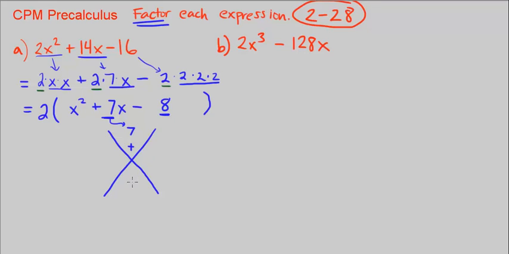And it's actually going to be negative 8 because that's a minus, so I can even make this a plus minus there. So I want two terms that add to 7 and multiply to negative 8. So what two terms do that?